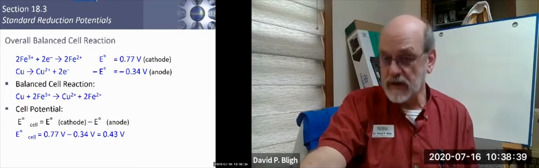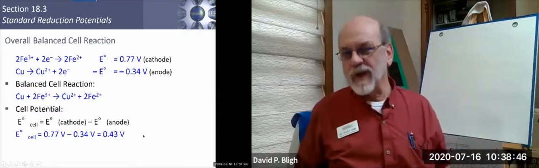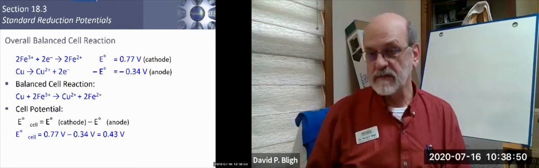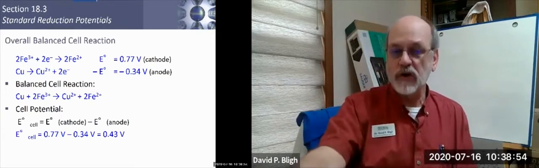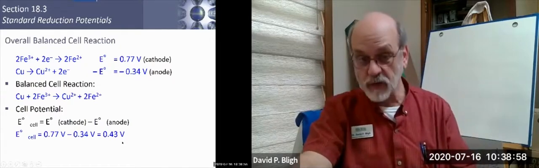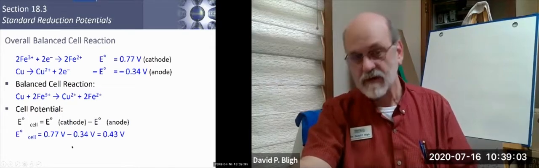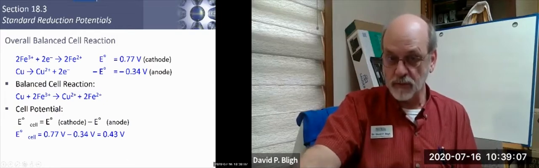Temperature is 25 degrees. This is the voltage you should expect under those conditions. But we rarely set up a galvanic cell under those standard conditions. It's usually a lower concentration. So we need a method to convert this voltage into the actual voltage where we don't have that little zero right there. The actual electromotive force, electrical potential.